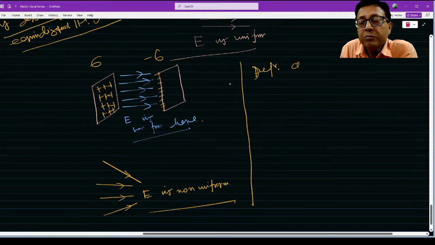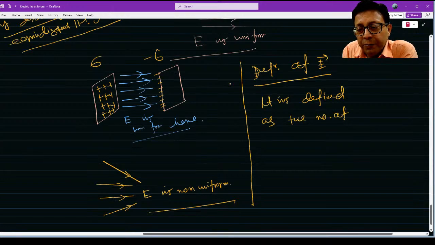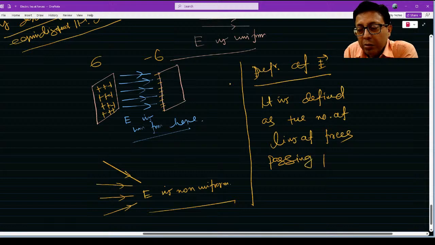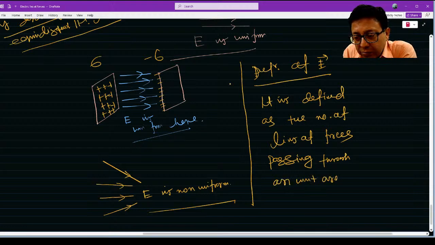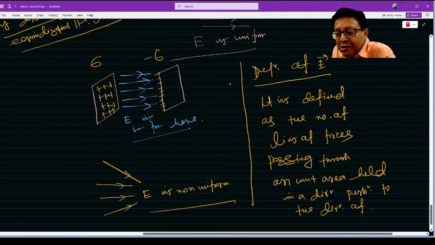Definition of E. It is defined as the number of lines of forces passing through an unit area held in a direction perpendicular to the direction of lines of force.